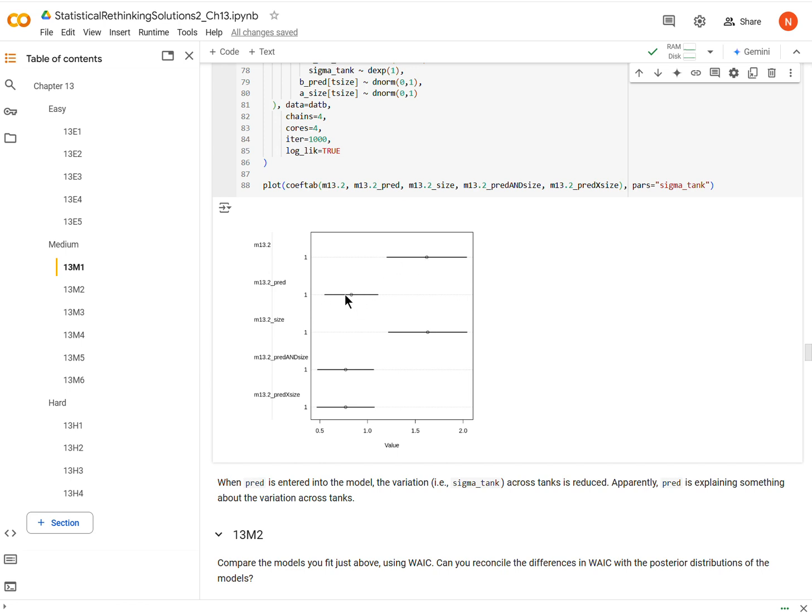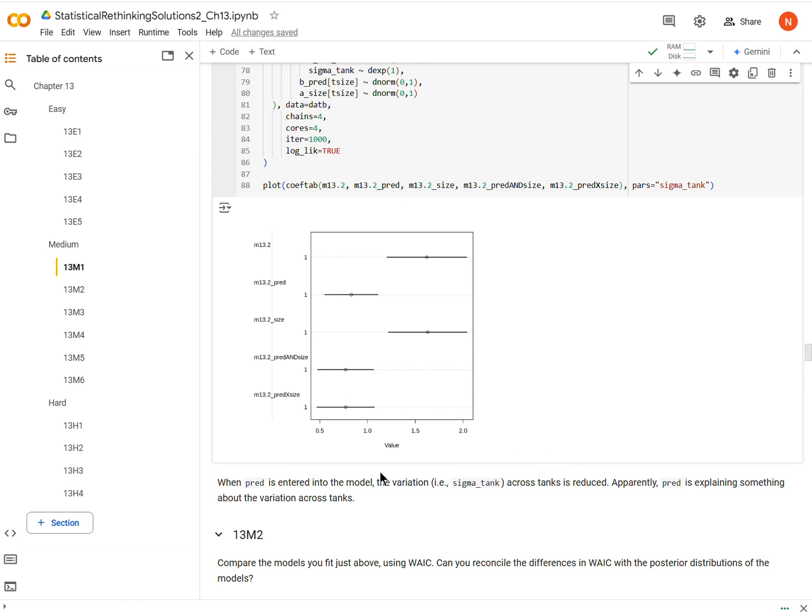But once we added predation, it shrunk. If we did not add predation and just had tank size, it did not really seem to make an appreciable difference. Once we add predation to the model, whether additively with size or interactively with size, we get similar reductions in sigma.